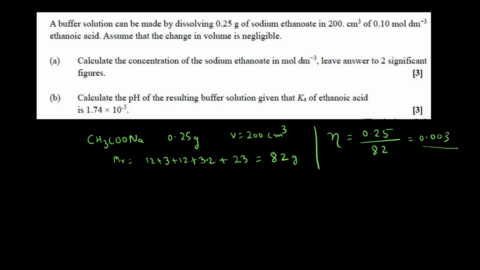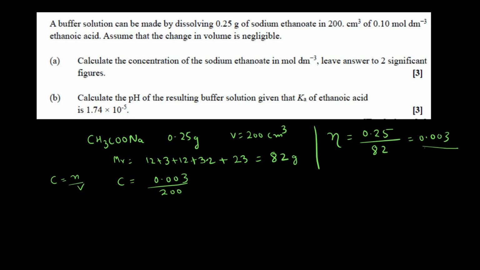Now in order to find the concentration, we know C equals n over V. n is the moles, so the concentration is 0.003 divided by 200, and this 200 is in cm cube, so we will change it into dm cube.